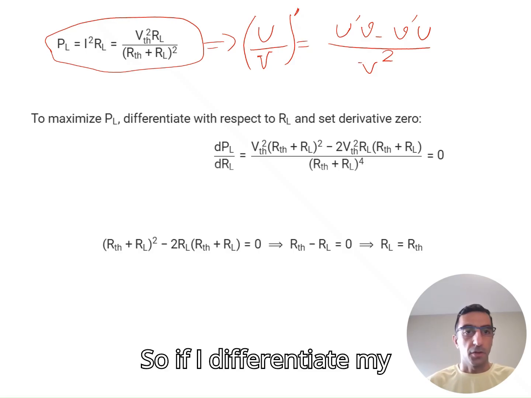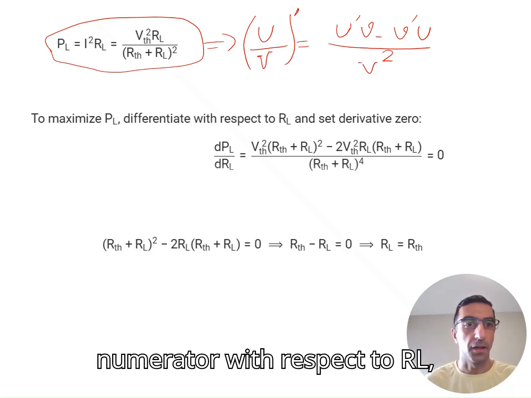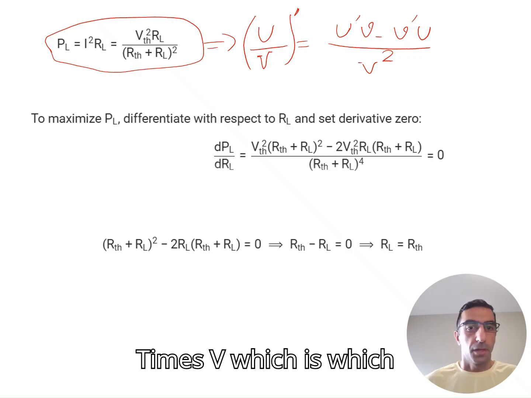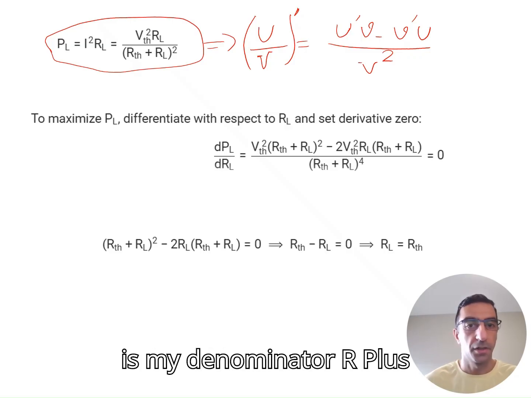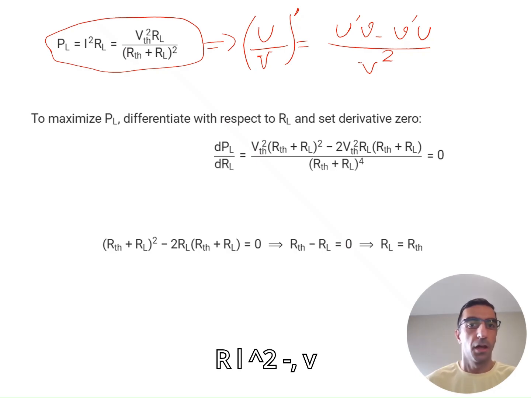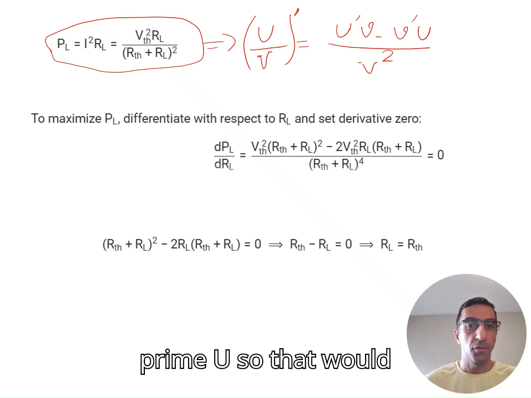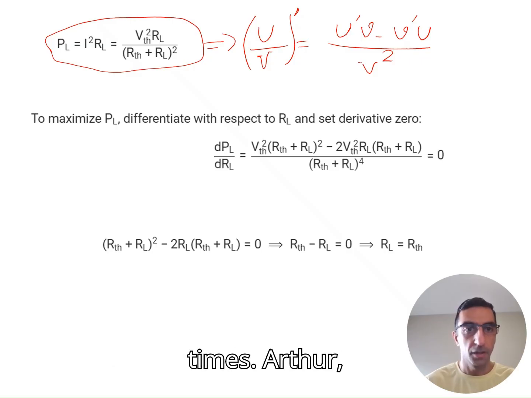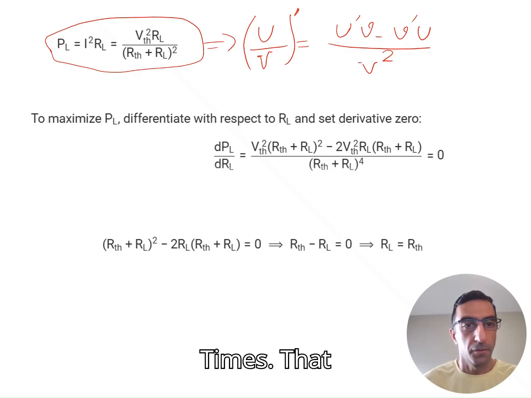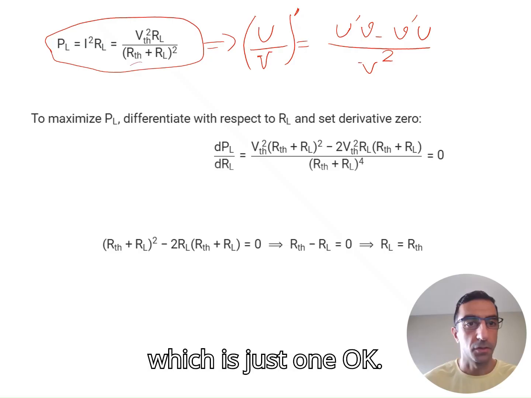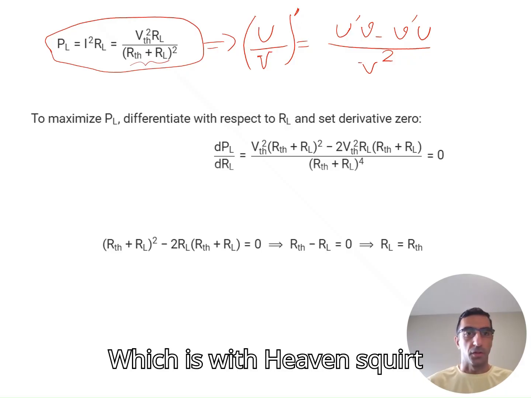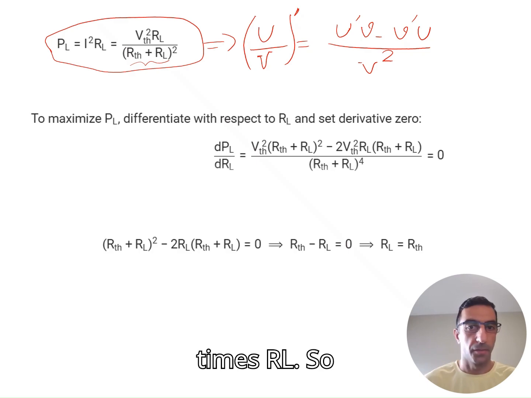If I differentiate my numerator with respect to RL, that becomes V Thevenin squared times V, which is my denominator, R Thevenin plus RL squared, minus V prime U. V prime is the derivative of my denominator, which is 2 times R Thevenin plus RL times the derivative of this term, which is just 1, times U, which is V Thevenin squared times RL.